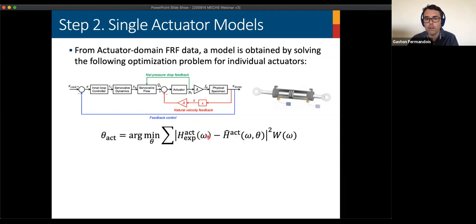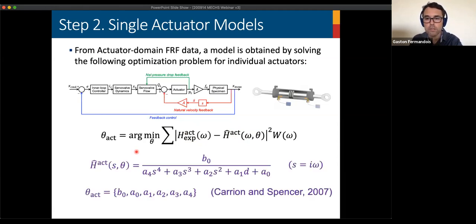We calculate the error between the two, and we take the square value of this error as the objective function, and we minimize this objective function for parameters theta that will give us the optimal results.